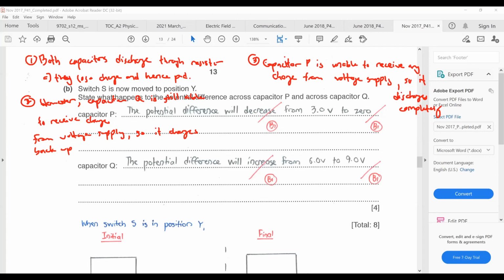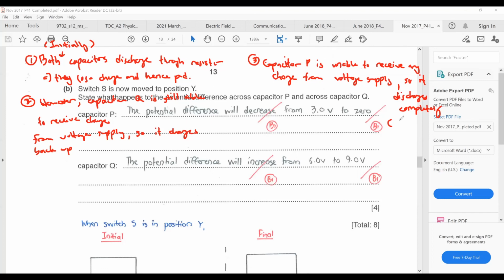Maybe I better write this now. Initially, both capacitors will discharge to the resistor. They will lose charge and hence PD. However, capacitor Q will still receive charge from the voltage supply, so it will charge back up. Capacitor P is unable to receive any charge, so it will discharge completely. When it discharges completely, your PD will become 0.